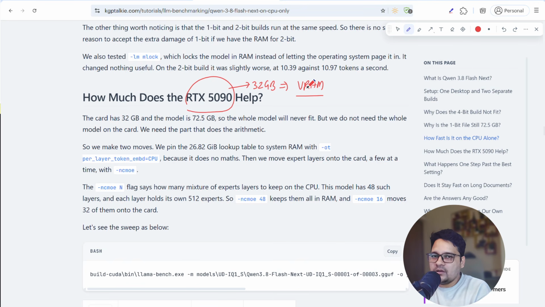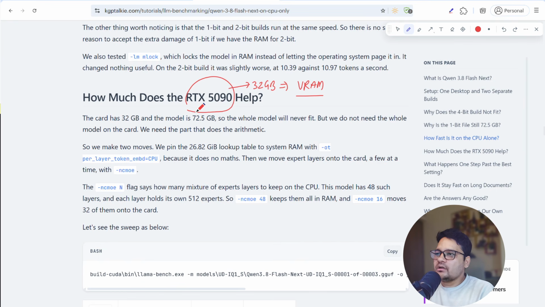Its memory bandwidth is extremely high, because on our PCIe 5 system with DDR5 RAM, the bandwidth is not that much. I don't remember the exact memory bandwidth, but I can guarantee there is like a 100x difference, or even more, between normal RAM bandwidth and the RTX 5090 bandwidth.